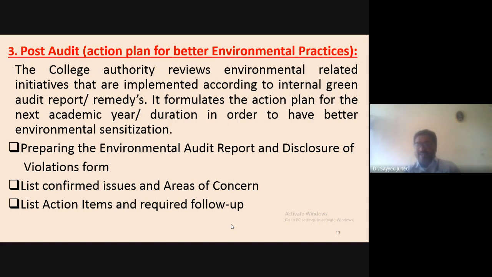In short, my dear colleagues, friends, we can easily conduct a green audit report through your botany subject teacher. That is, we have to specifically identify the area of our college campus. What is the area of the college campus?